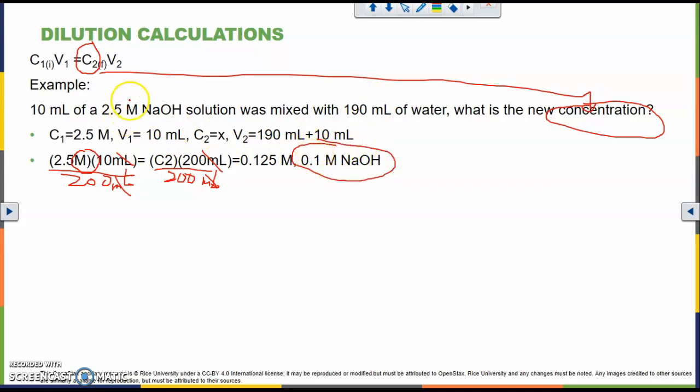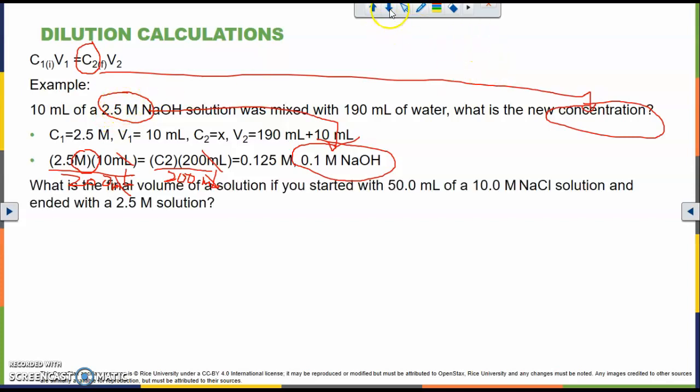Note, the initial concentration always has to be bigger than the final concentration. One more time, this number must always be bigger than that number, which implies that the second concentration, C2, is always going to be less than the concentration for the initial conditions.